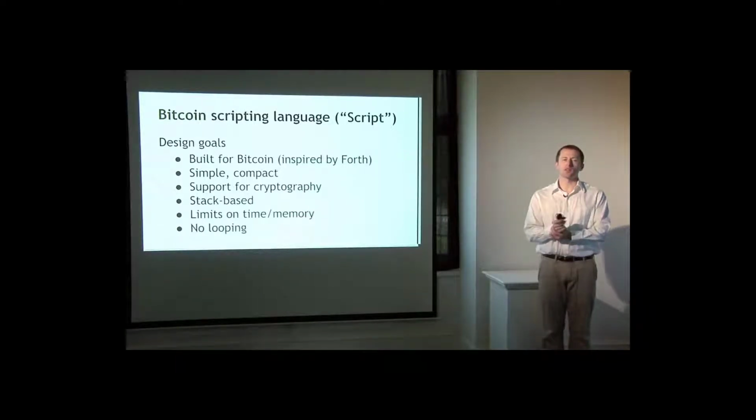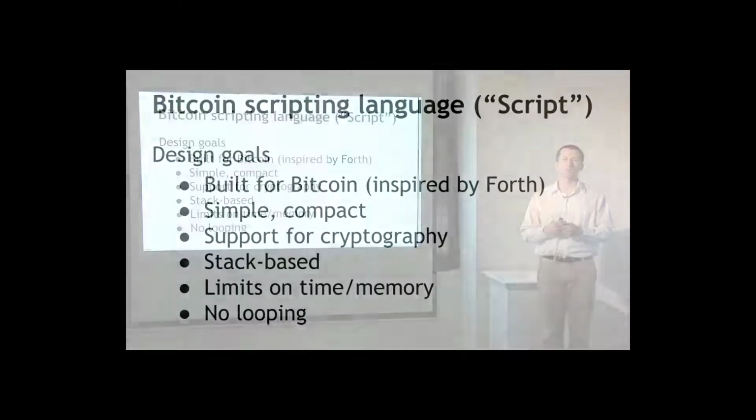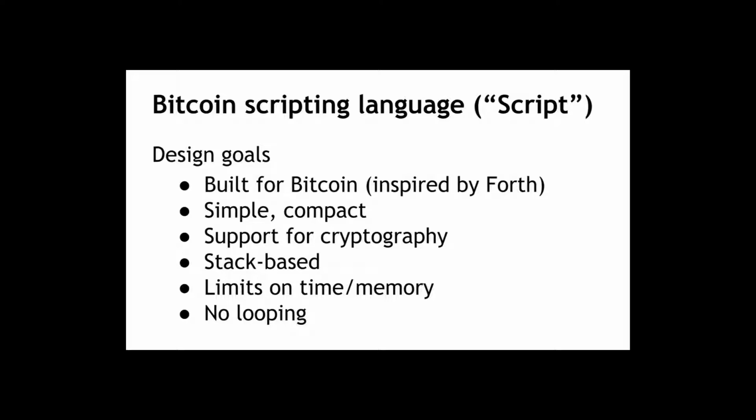The key design properties here were to have something that was quite simple, quite compact, but yet had support for pretty sophisticated cryptography. So there are special-purpose instructions to compute hash functions and to compute signatures and verify signatures. And this is a stack-based language. You may have never seen a stack-based language before in your life, but I'll explain on the next slide what that means and why that was chosen.